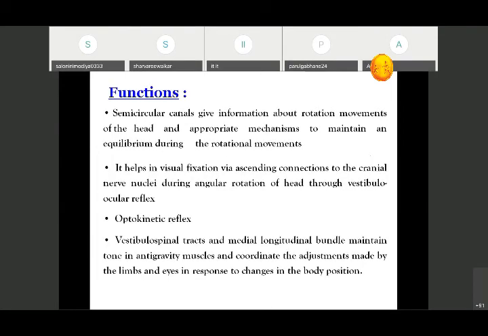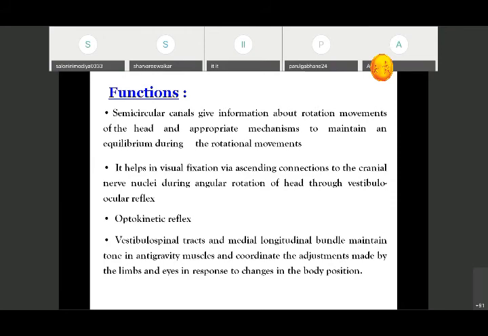Then the functions of the semicircular canal. The semicircular canal gives information about the rotation of the head, an appropriate mechanism to maintain the equilibrium whenever the body is doing rotational movement. It also helps in visual fixation via ascending connections to the cranial nerve nuclei during angular rotation, mainly through the vestibulo-ocular reflex.